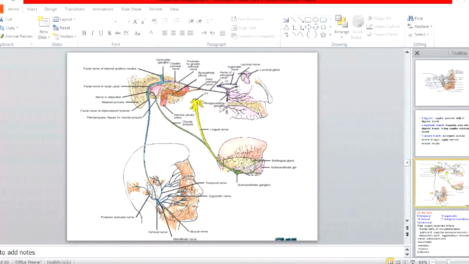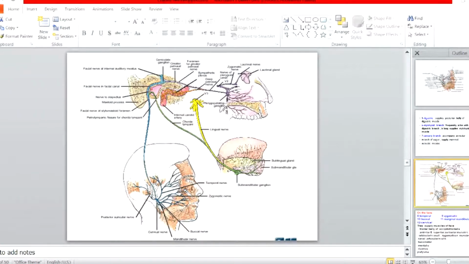In addition, chorda tympani takes all taste fibers, leaves the stylomastoid canal, enters the middle ear cavity, leaves the middle ear cavity above the tympanic membrane, and then enters the infratemporal fossa, joins the lingual nerve there, and distributes with the lingual nerve, reaching the submandibular region.